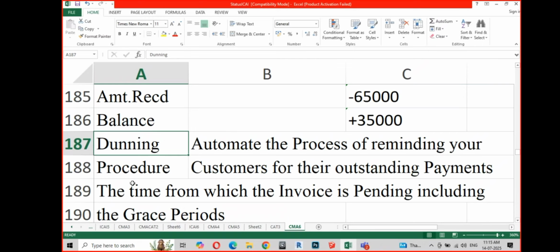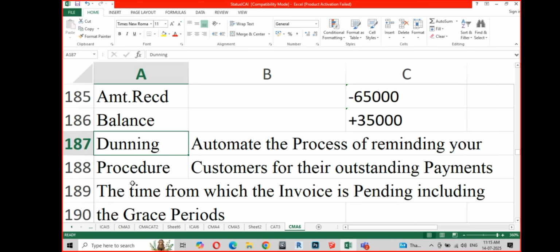So we are reminding the customers through the dunning process that they are owing us this amount. And the whole process is being automated by the finance consultant. It is configured in the system by the finance consultant only.